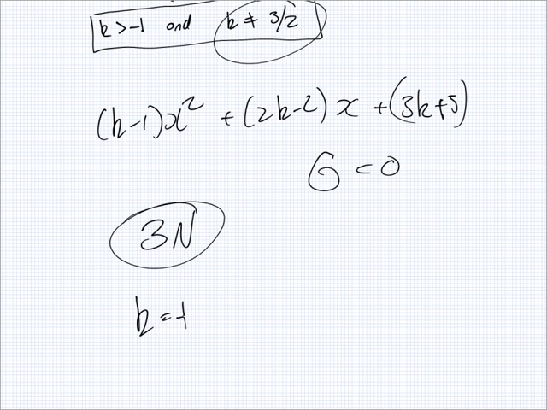And not only would it become linear, it's actually worse than that. It becomes a linear with no answer. It's a horizontal line, like y is equal to minus 5, which is 14. Yeah, it's a constant, 14, which is never 0. That's a tricky one, that one, 3n.